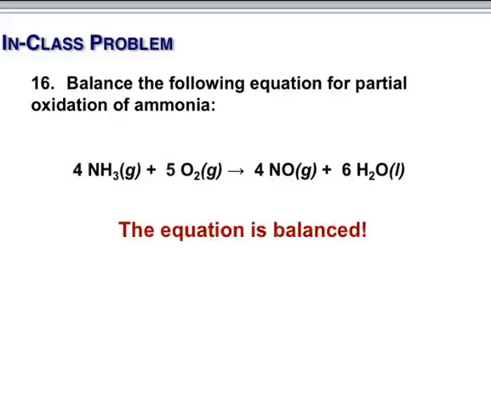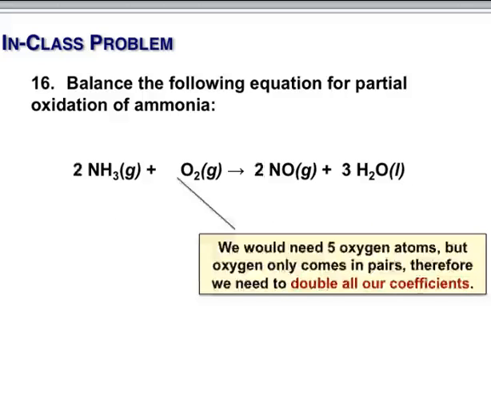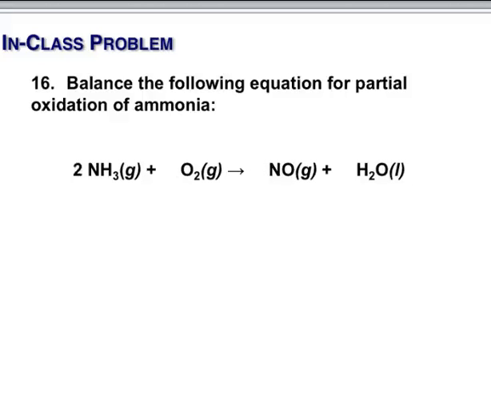Wasn't that fun? Is there like a specific method to know what numbers to put first? Method to my madness? Yes. No, well, again, look at what we did. I just started here, okay? And I said we have 3 hydrogens, odd number, even number. So that won't work, will it?